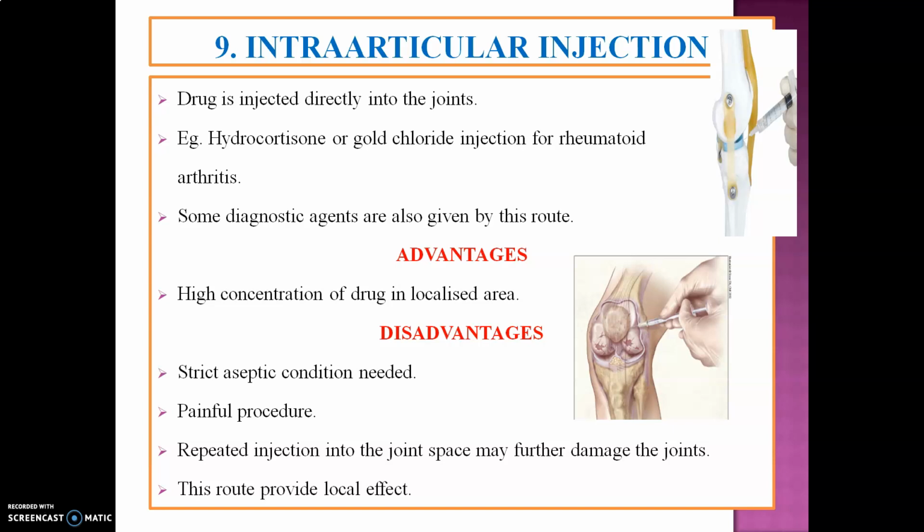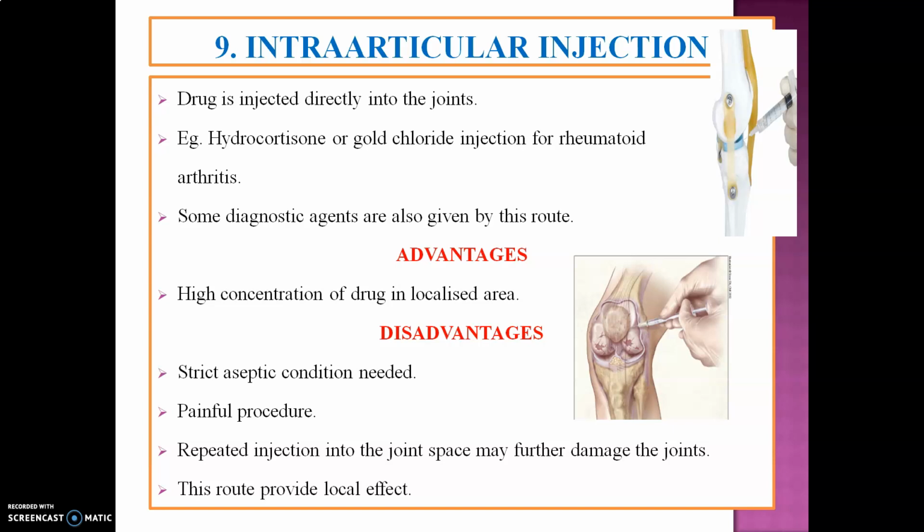Advantages: a high concentration of drug is provided in a localized area. Localized area means wherever the effect is needed, a high concentration of drug reaches that area. Disadvantages: strict aseptic techniques are needed, and it is quite a painful procedure.